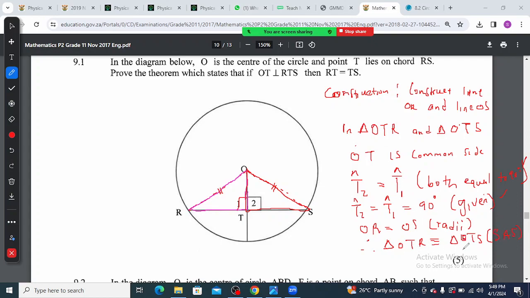By proving that, I can now conclude that RT is equal to TS, because of congruent triangles. Any question here?